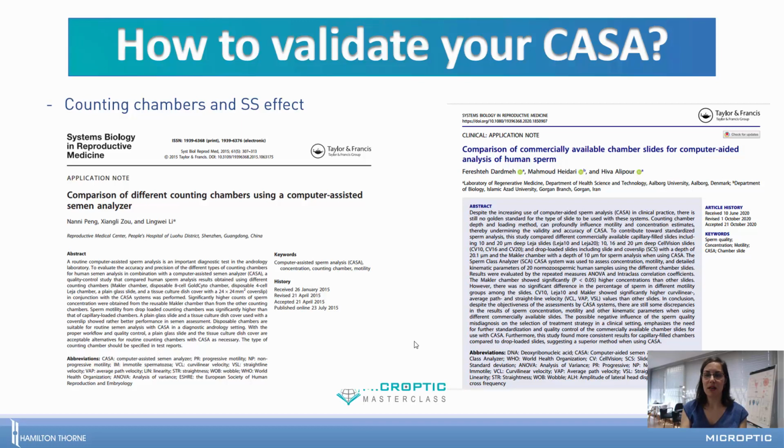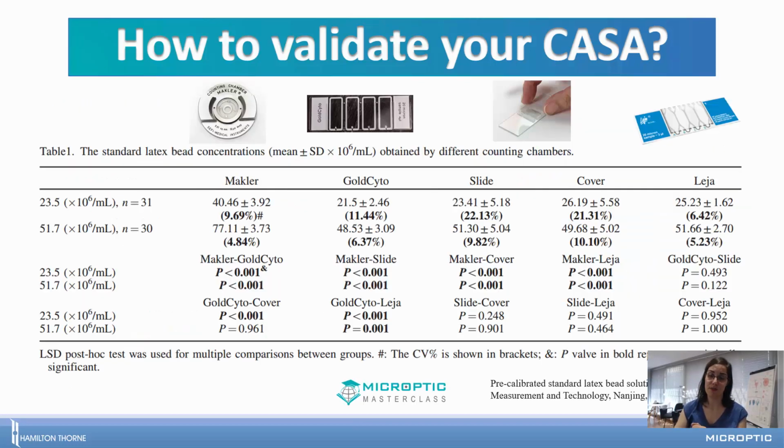Okay, here I have incorporated some publications that discuss a little bit what the effect of the different counting chambers is on the sperm features, specifically for concentration. So in that table is summarized the results obtained when measuring a QC solution with different counting chambers.